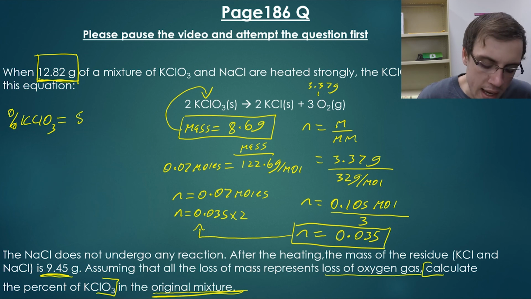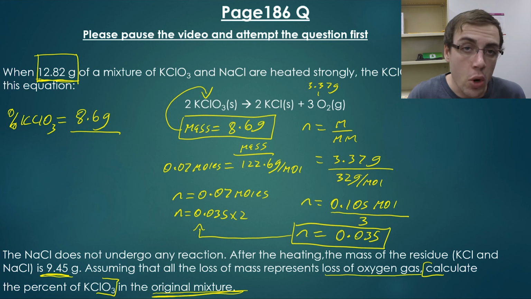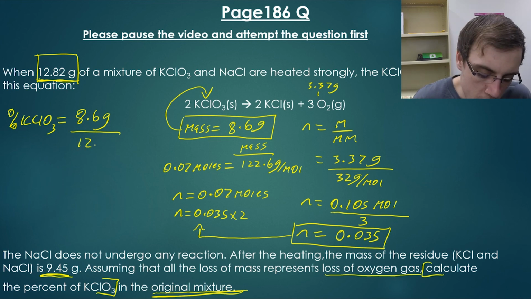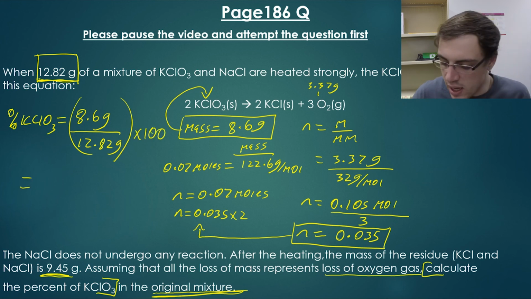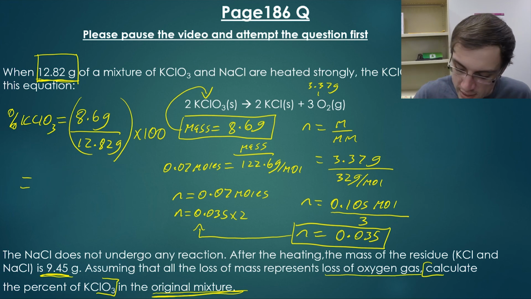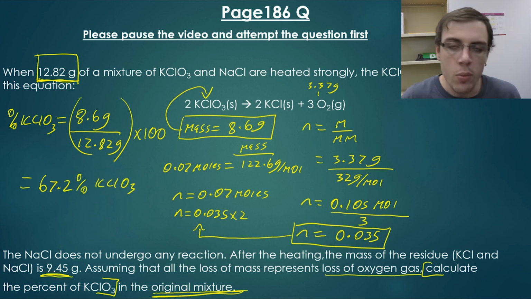So it's going to be 8.6 grams divided by the total mass, which is 12.82 grams, multiplied by 100. So if you punch that into your calculator, you will get 67.2% of potassium chlorate in our original sample.